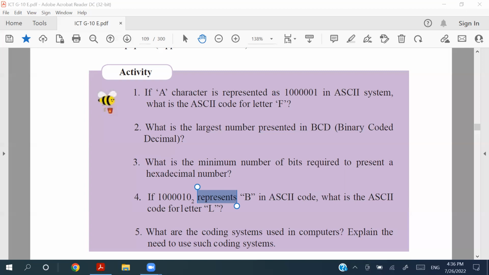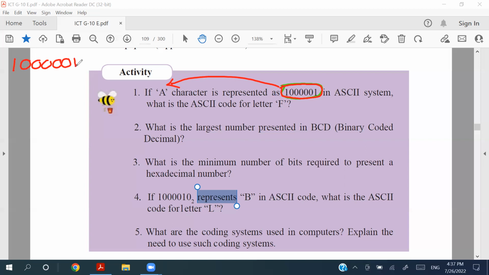This is the one which represents A. It's better we convert this into decimal values, right? So I got 1, and 5 zeros and a 1.